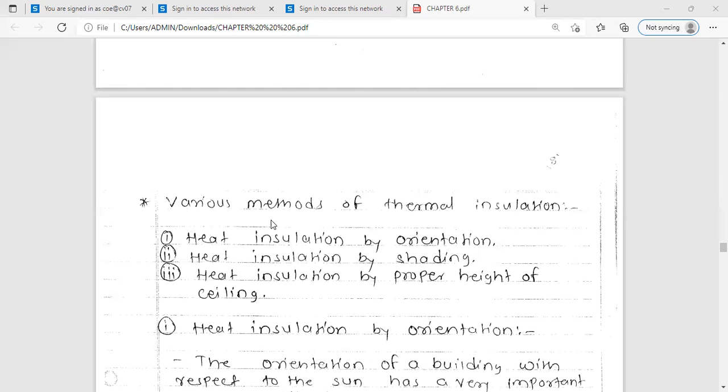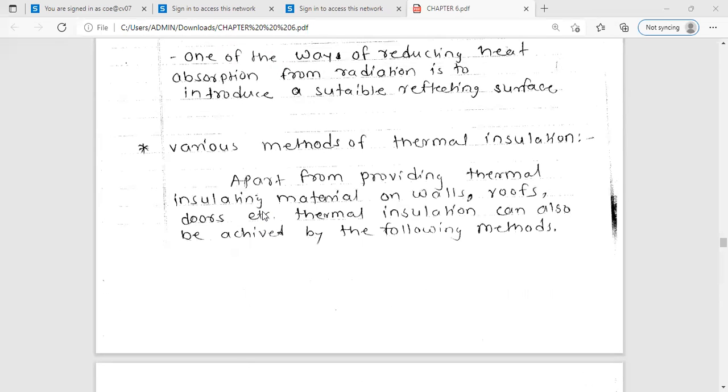Instead of these also, we can go for achieving the thermal insulation in the room by using a suitable type of material. Those materials have good thermal insulation properties, such as, if we consider for roofing purposes we have used metal sheets.